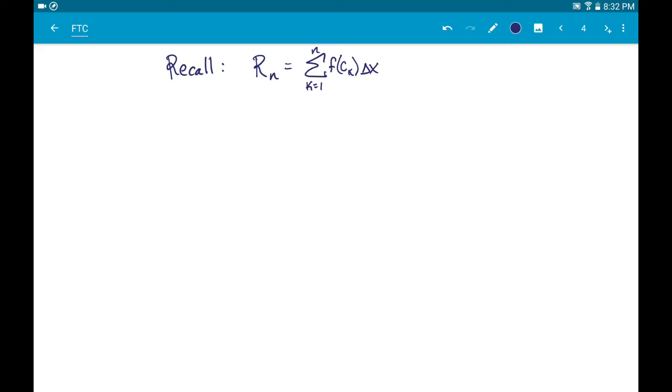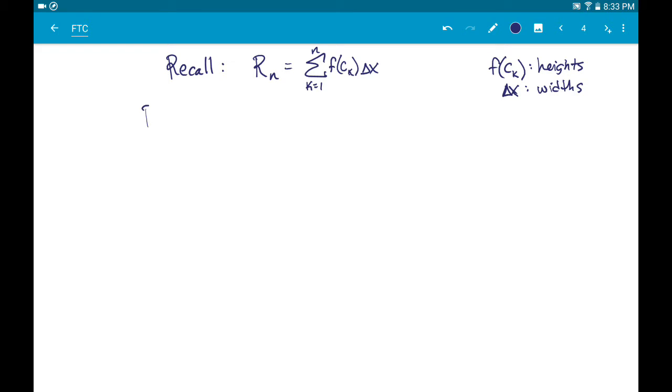And just remember that f of your c values, you can kind of think of these as your heights. And remember, your delta x are your widths.